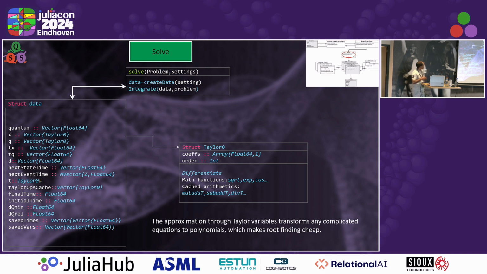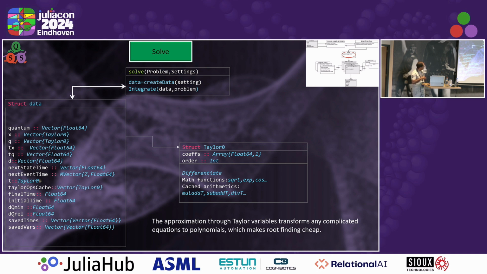Next, once you have your problem, you call the solve function, which will create the data needed for the QSS method, and then will integrate that method with the problem in another function.